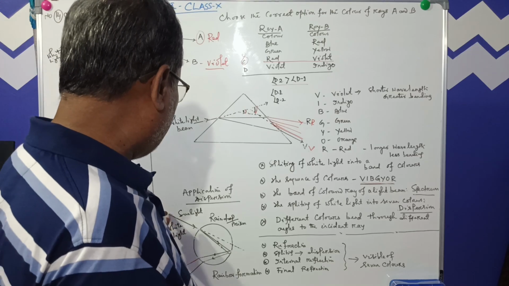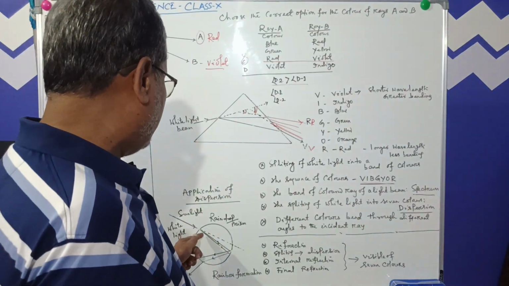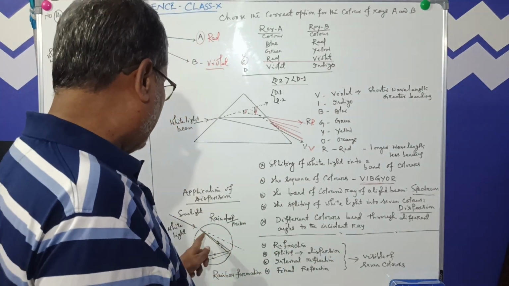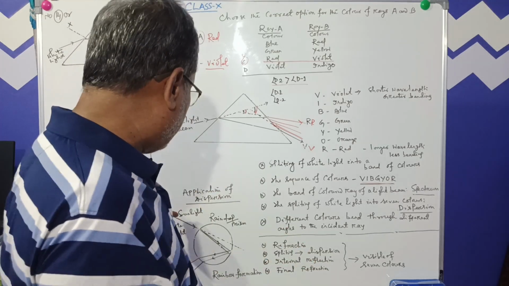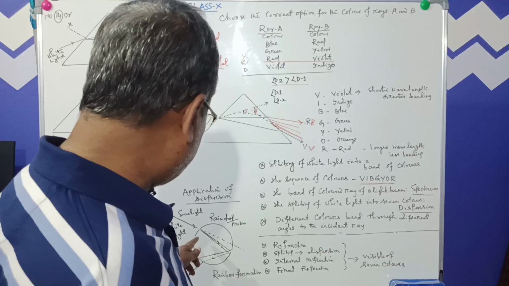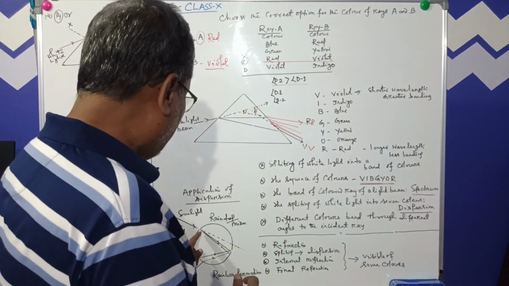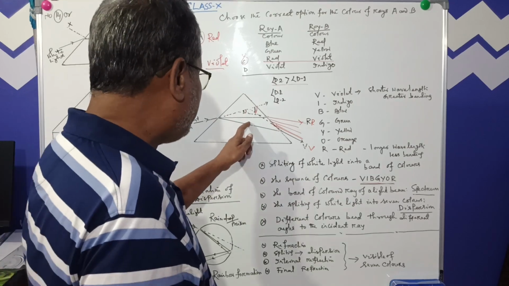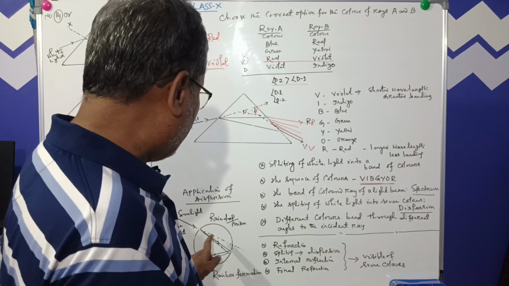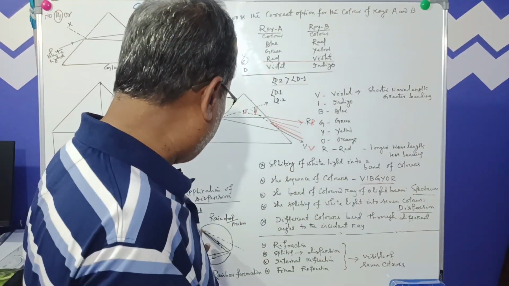When white light enters a water droplet obliquely from the top, the water droplet acts as a prism; air is the rarer medium and water is the denser medium. So what happens first? The light is refracted. Now you see, light is refracted. The first phenomenon is refraction.